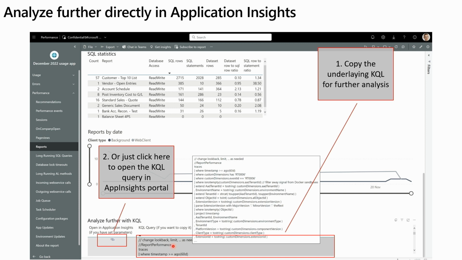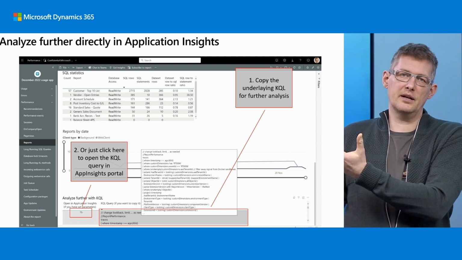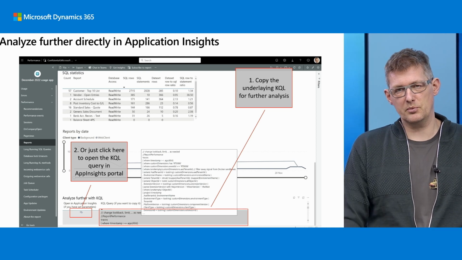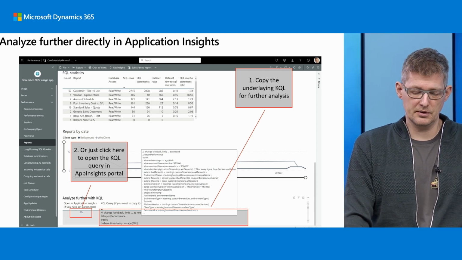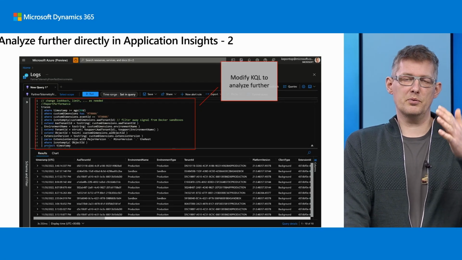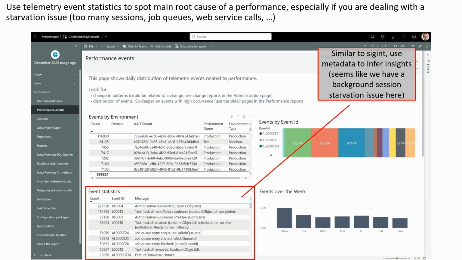Then you can get the data foundation for the report and analyze further with KQL, tweak the query and take that analysis in a different way compared to the Power BI visualization. If you have set this up, it just opens in Application Insights, and you can then change your query and do further analysis.